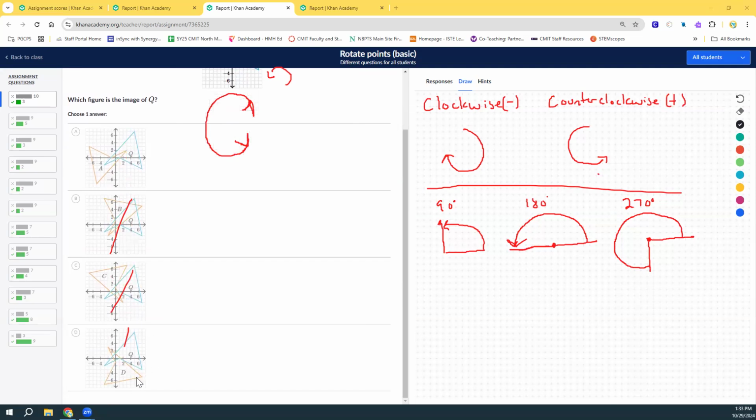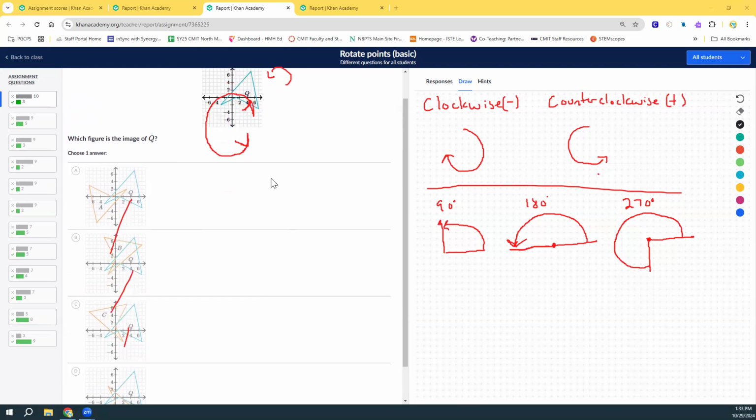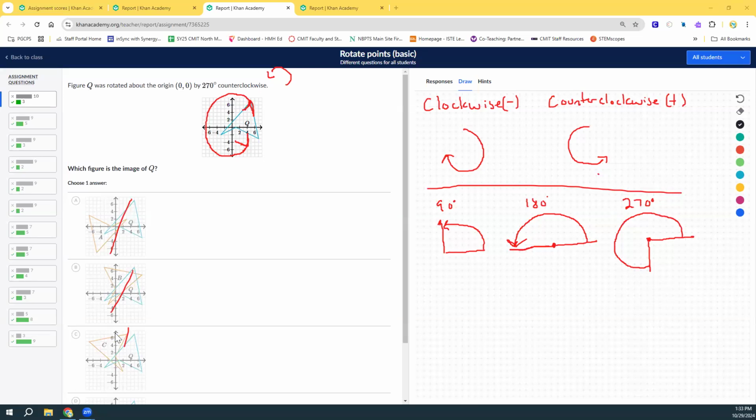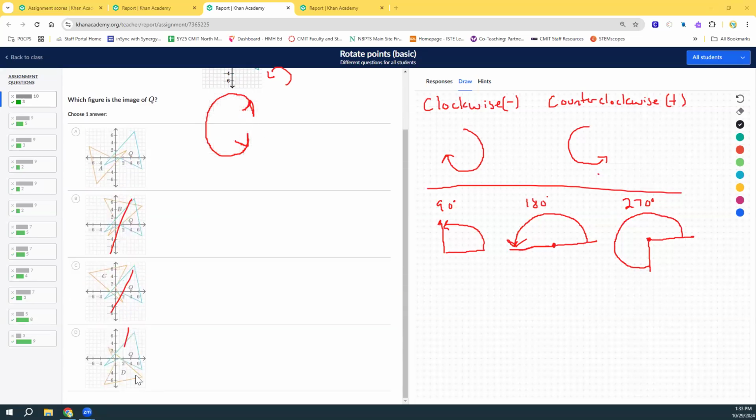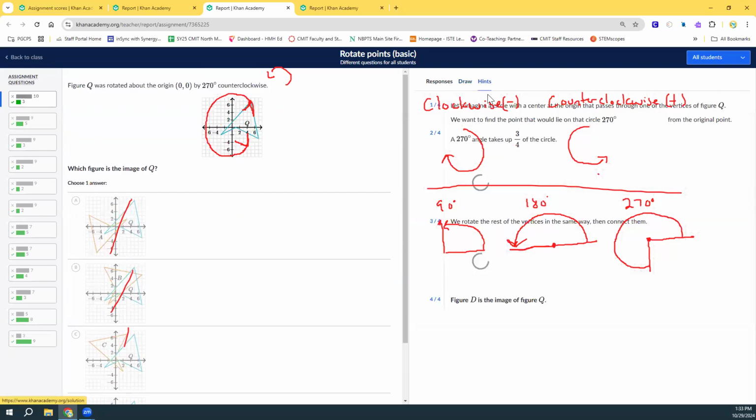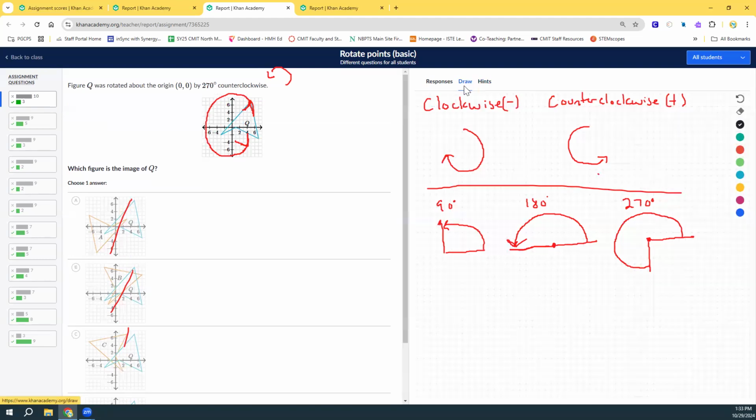Aha. And this one right here, we see this yellow figure and you see how it's pointing down. I wasn't exactly correct when I thought it'd be pointing straight down, but I knew the nose would be way down here in this quadrant. If you look, figure D is the image, and we can see the nice thing about these hints, if you took time to read the hints, is they do a great job of showing you the pictures as they go through it.